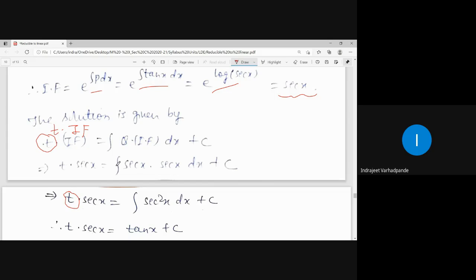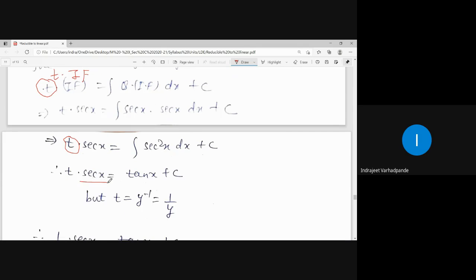t into sec x is equal to integration of sec x into sec x dx plus c. So t into sec x is equal to integral sec square x dx plus c. t into sec x is equal to integration of this term, which is tan x.